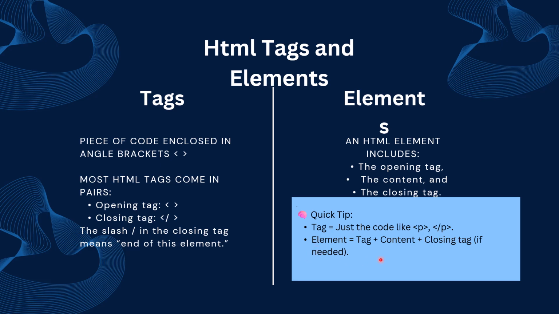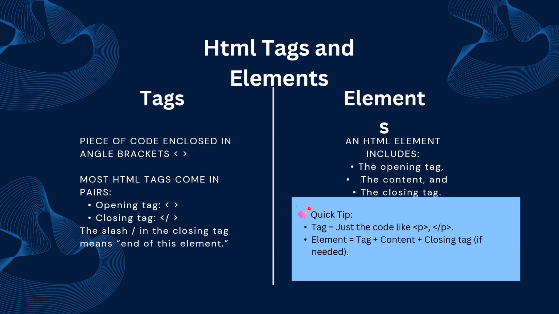They contain the tag, content, and the closing tag. This is the quick tip, the major difference between tags and elements: tags are just the code like the p tag, h tag, but elements contain the tag and the content within. Okay.